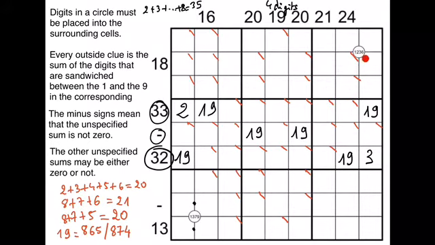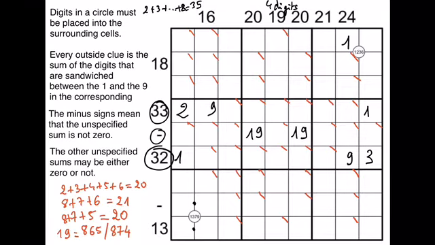And because of the choices around this circle, it has to be a 1, giving us a disambiguation for those 1 and 9 pairs. And now those digits must add up to 24. And we'll have a look in a moment at what those digits can be.